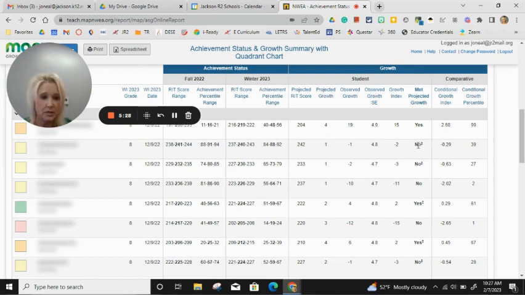So anytime you see this, that puts the data in question. Another time they took the test, they could have surpassed it given that standard error of measurement. So you want to pay attention to that, especially for your students who are already close and just haven't quite reached their goal yet, especially students who have a 1 or 2 point projected growth.